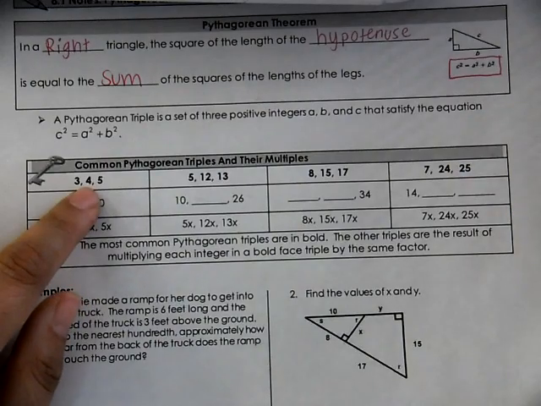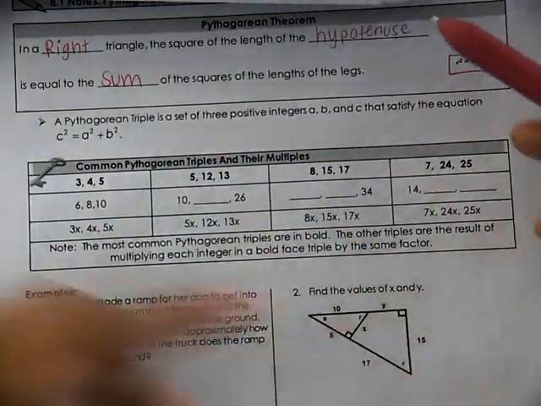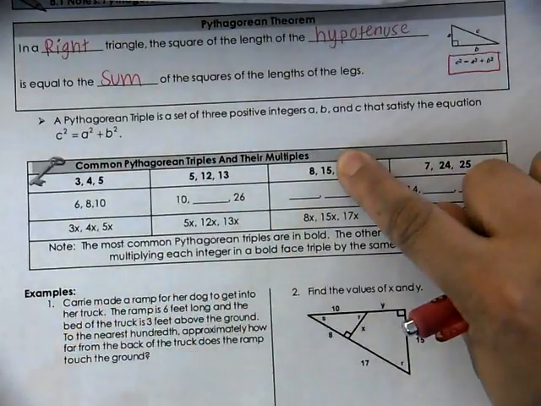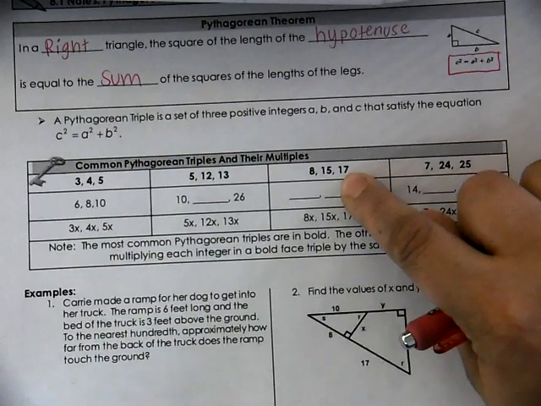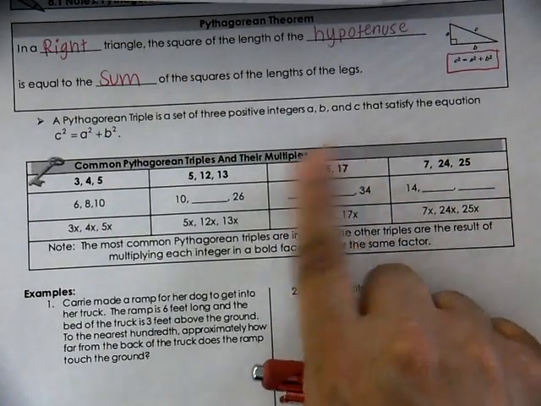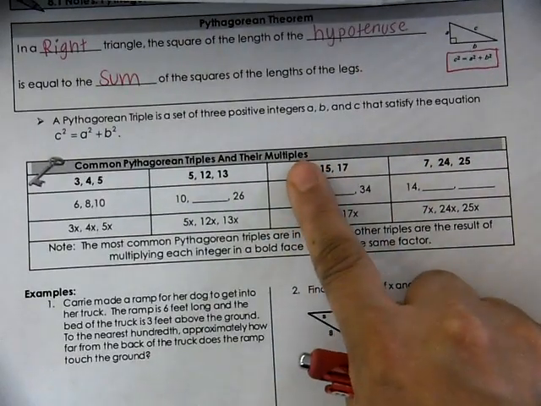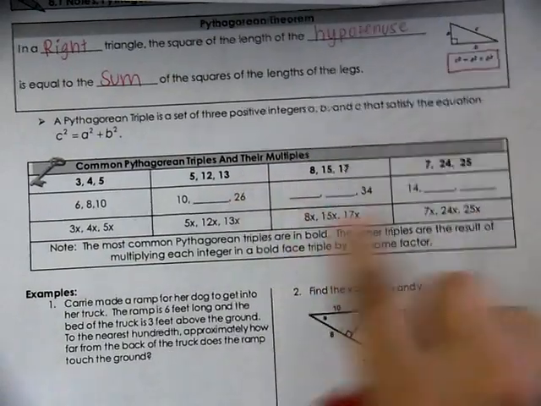And you wouldn't have to show any work. That's the nice part, that's what these triples allow you to do. So let's say you see an 8 and a 15 for the two legs of a right triangle, then you know the hypotenuse has to be 17. And it can work with any two of the three. As long as you know two of them, the third one would have to be the case, so you could always find the missing one.